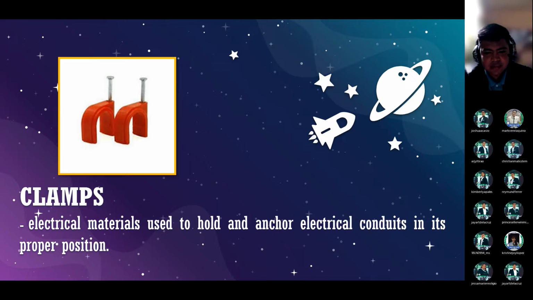Okay, thank you, Joshua. So, clamps are often referred to as conduit clamps. They are used as an efficient and tidy way to restrain, secure, and guide tubings or conduit for a range of plumbing, heating, and electrical purposes. Did you get it, class? Yes, sir.